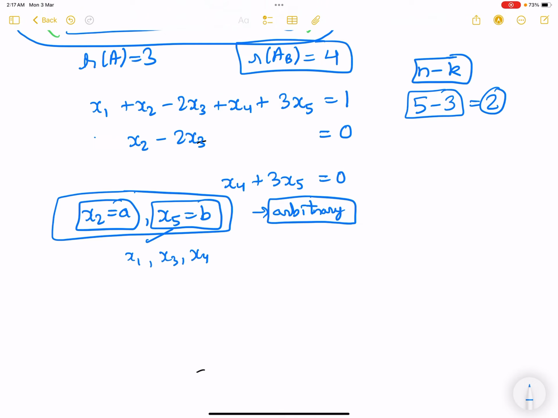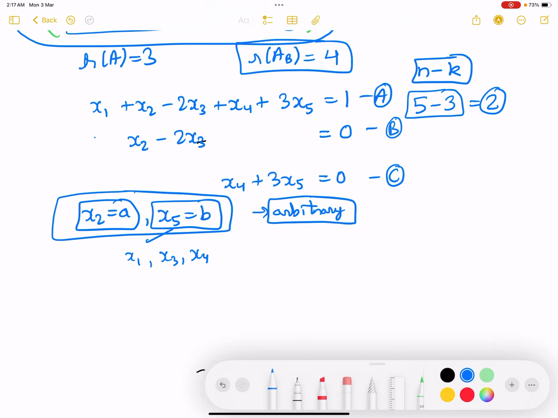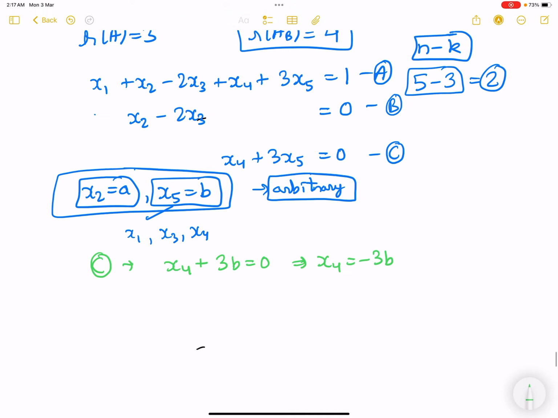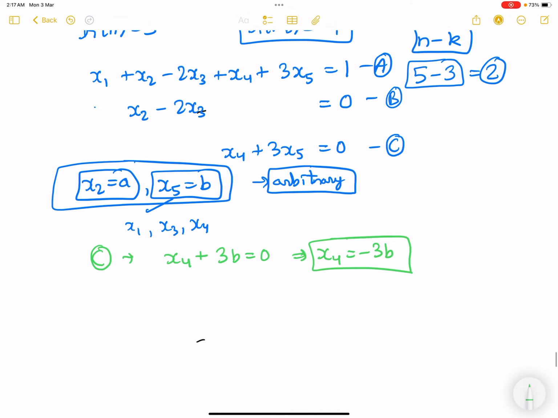Now suppose this is C, this is B, this is A. With the help of equation C, what we have is x4 plus 3x5, so x5 is b, 3b equals to 0. So this implies x4 is minus 3b. This is the value of x4 that we're getting.